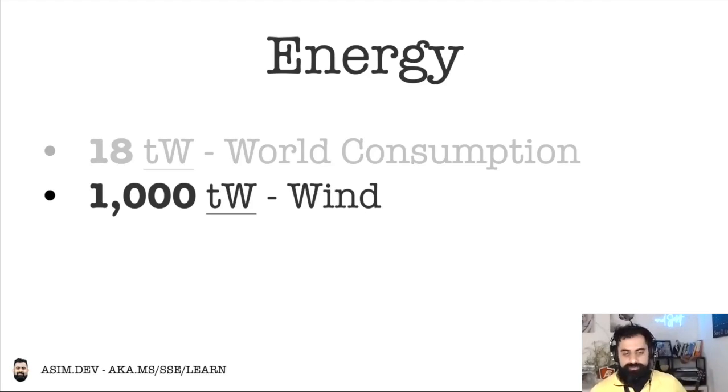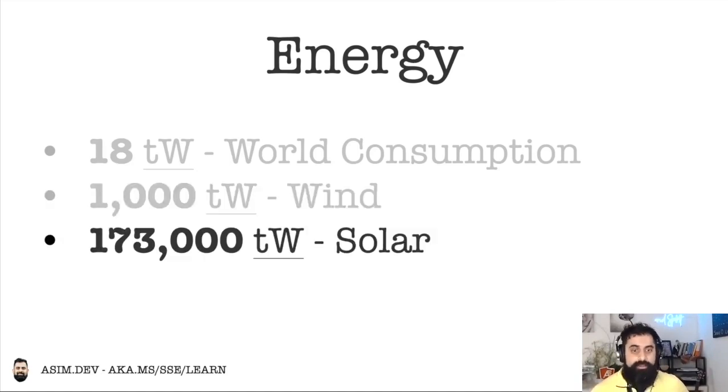The total available energy from wind is 1,000 terawatts. To get that, you'd have to capture every single gust of wind on the planet, but there's 1,000 terawatts available from wind. But there's 173,000 terawatts available from solar energy. Now that would be a solar panel the size of the Earth, but that's what is available from solar.